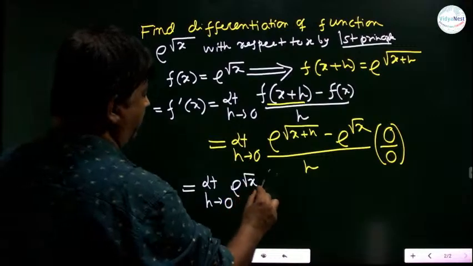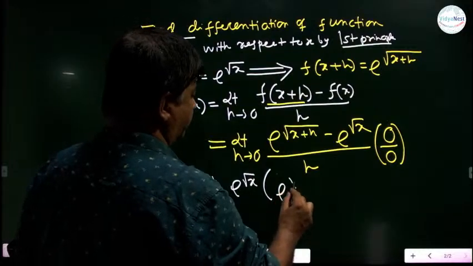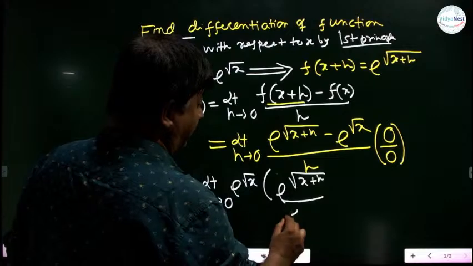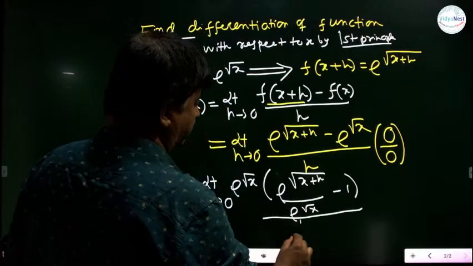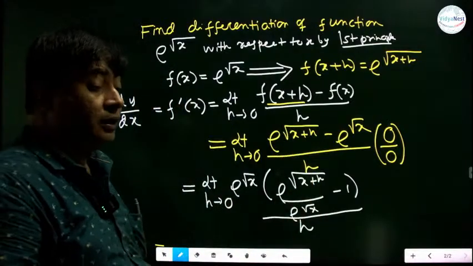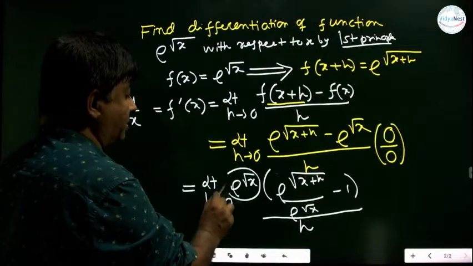By force you take e to the power root x common. Once you take common, what will be left for you in the bracket? This thing. So the question is, what will I do with this?